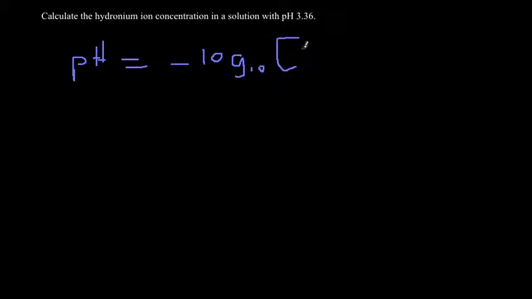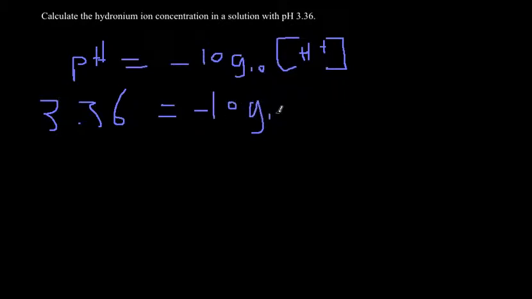And H plus. But the reason I'm writing the 10 is because in this problem it's useful. You'll see why in a second. So it gives you pH, so let's plug in pH. 3.36 equals negative log base 10 of the H plus concentration.